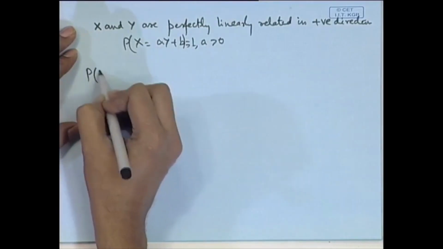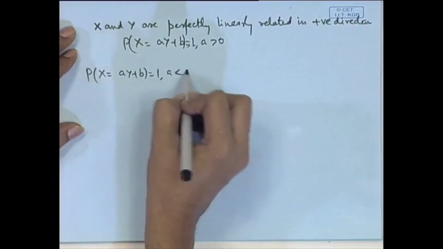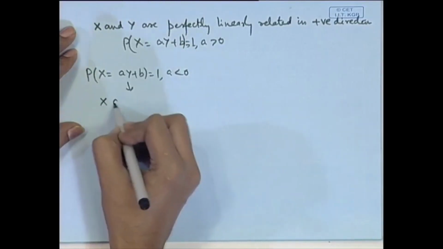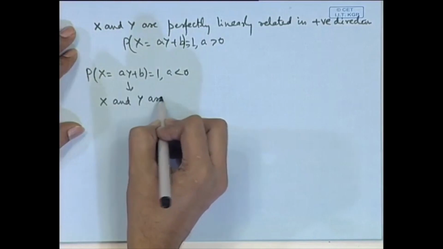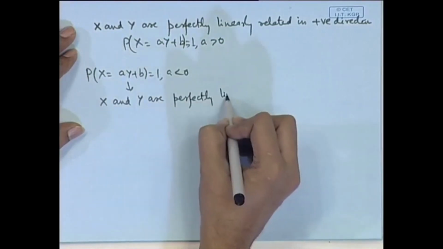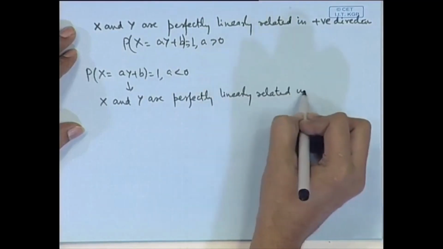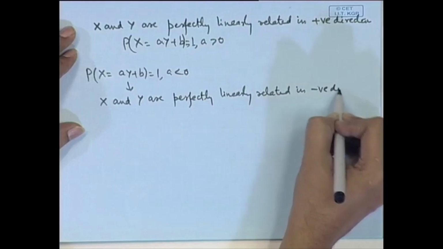And if we say probability of X equal to aY plus b is equal to 1 where a is negative, then we say that X and Y are perfectly linearly related in negative direction.